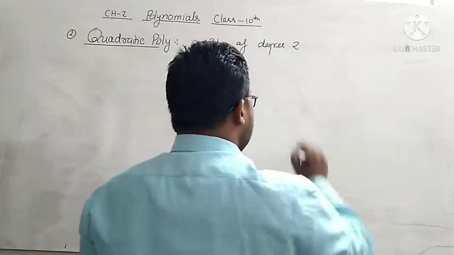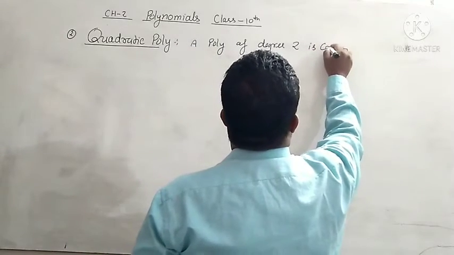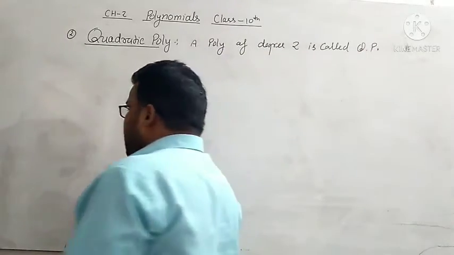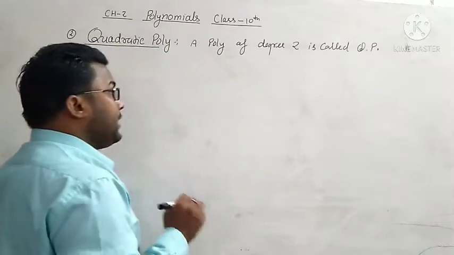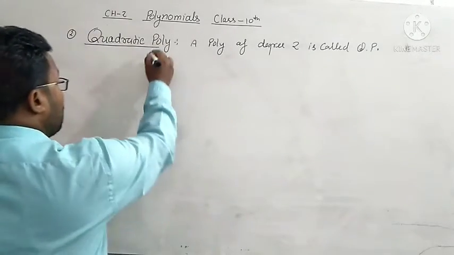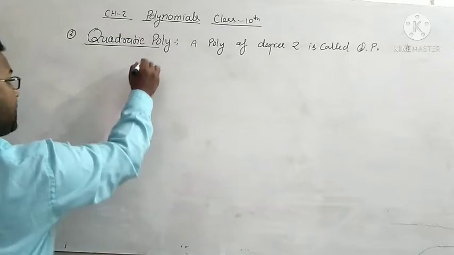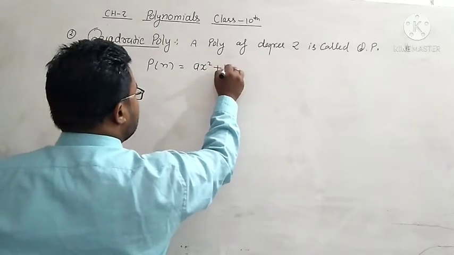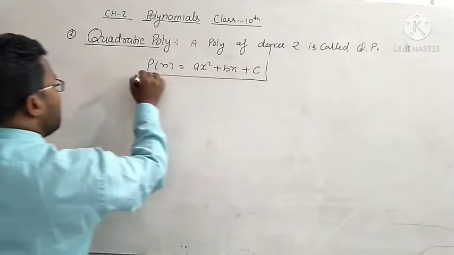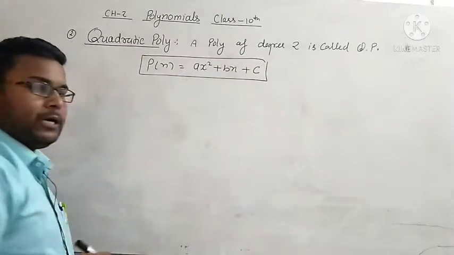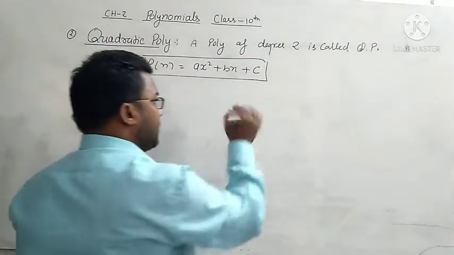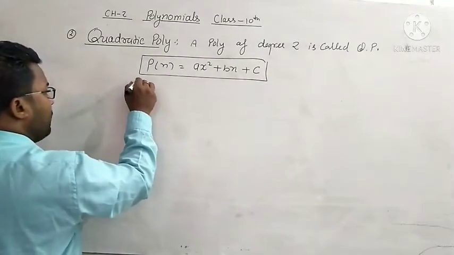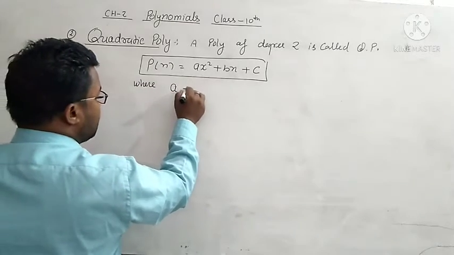A polynomial of degree 2 is called a quadratic polynomial. If the degree of the variable is 2, it is known as a quadratic polynomial. The general form of a quadratic polynomial is p(x) is equal to ax squared plus bx plus c, student, where a is not equal to 0.